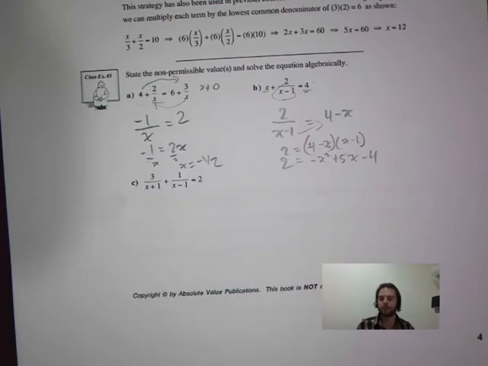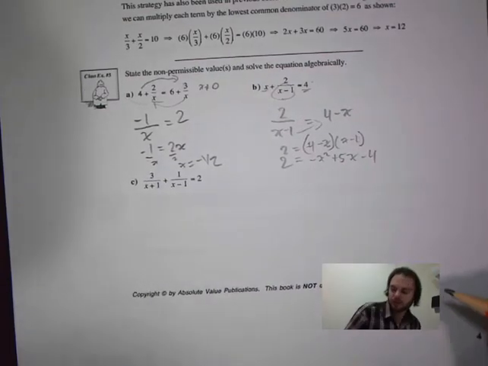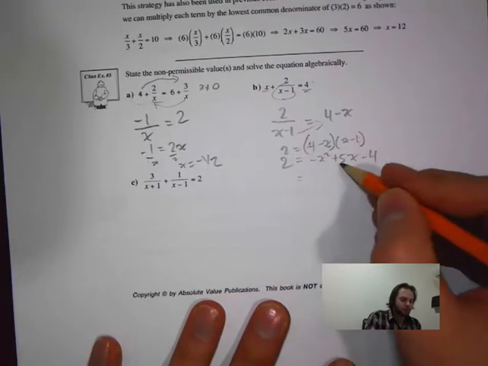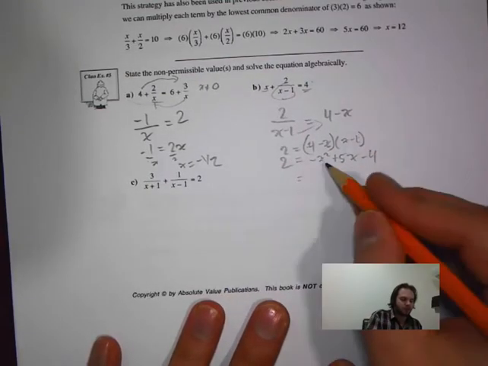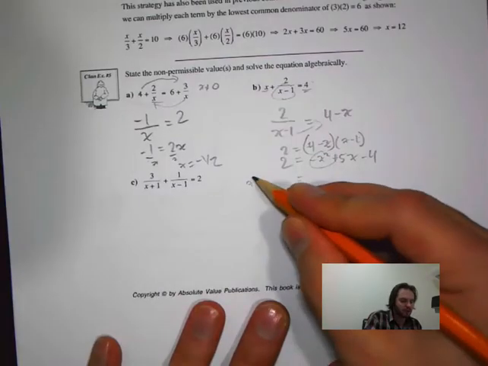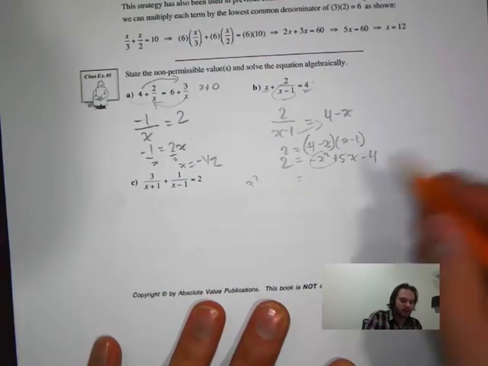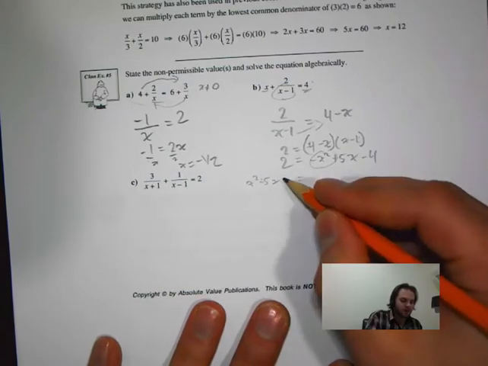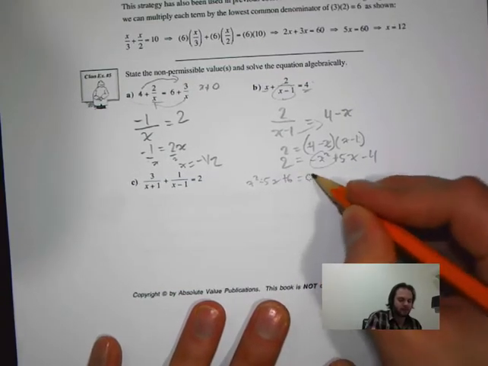Now let's put this all together and put everything on this side. So this becomes positive. I'm going to have x squared minus 5x plus 6 is equal to 0.